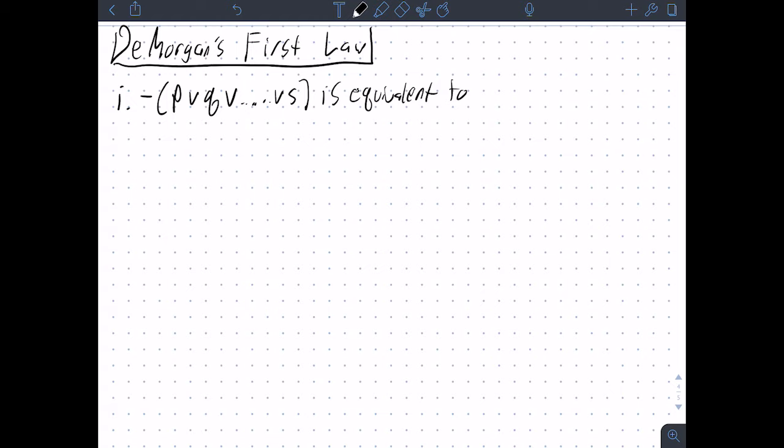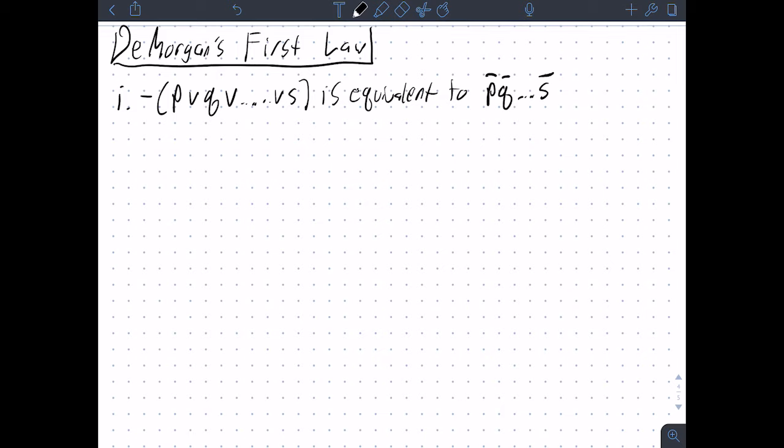It makes more sense if you see it than if you say it. So this is equivalent to this, not P and not Q and ... and not S, right? The simplest example of this, and again, there's a truth value analysis that justifies this case in the book. I promise it actually is valid.